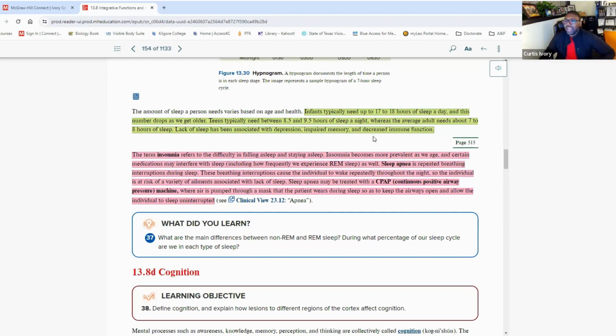Insomnia is essentially when you can't sleep. That can be due to a lot of different factors, but one that's common that most people probably don't realize is sleep apnea, which is this word right here. With sleep apnea, you sometimes stop breathing while you're sleeping.